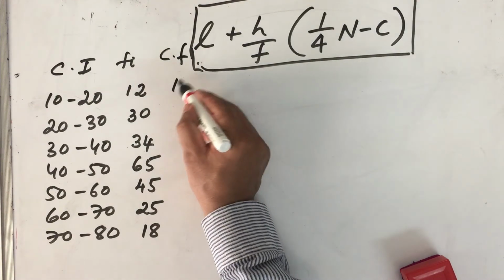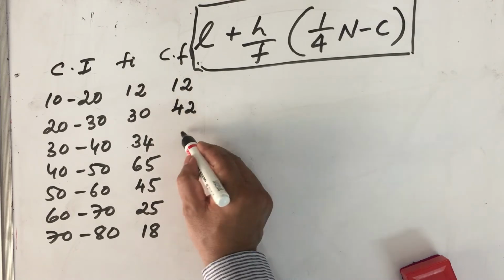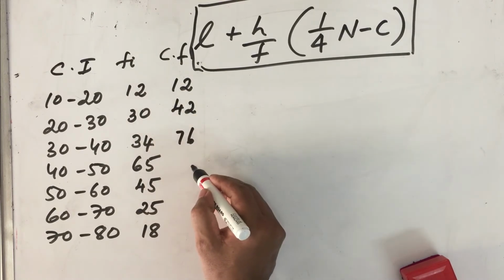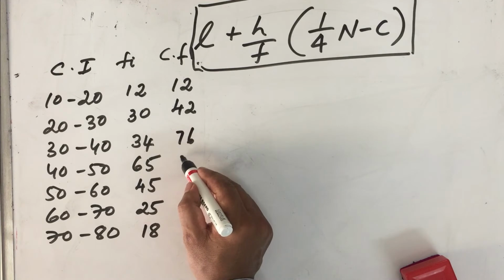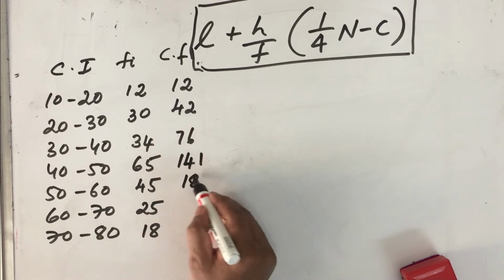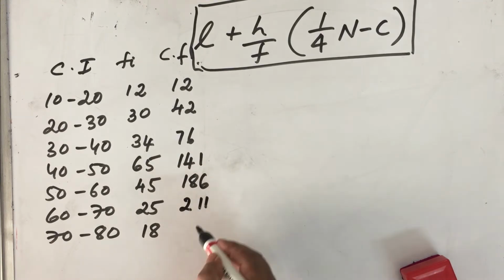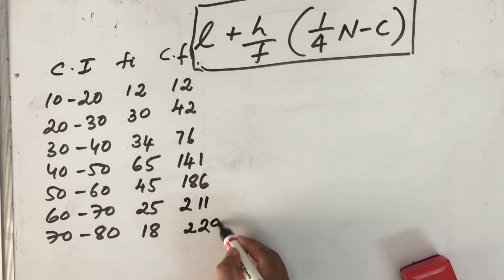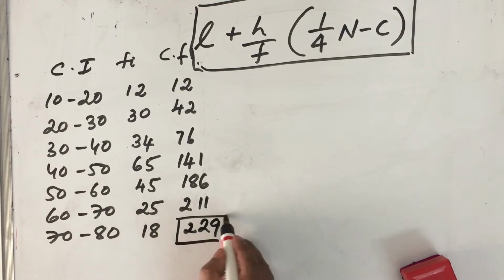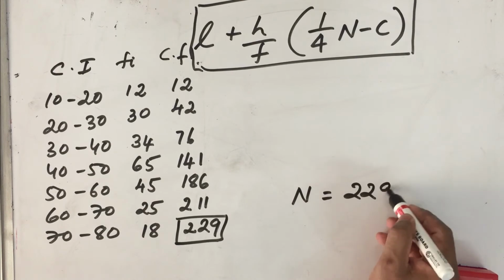The cumulative frequency is 12, 42, 76, and you add 65, this becomes 141, then 186, 211, and 229. So we have got the value N is equal to 229.